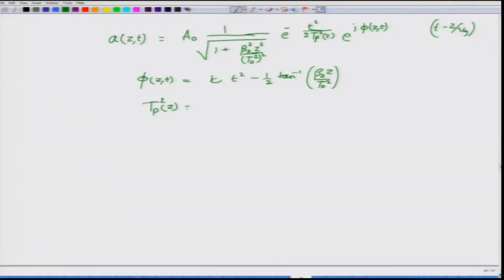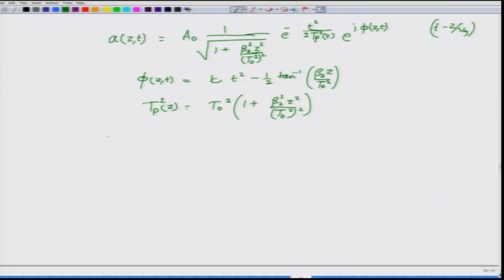This term is just a constant phase, of course constant only with respect to z: as long as you are looking at a particular point in z, this term will essentially be a constant. And this T p square of z is given by t 0 square times 1 plus beta 2 square z square divided by t 0 square, whole square.